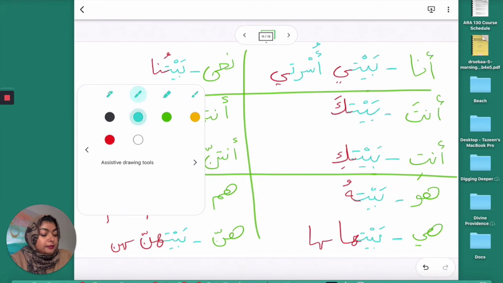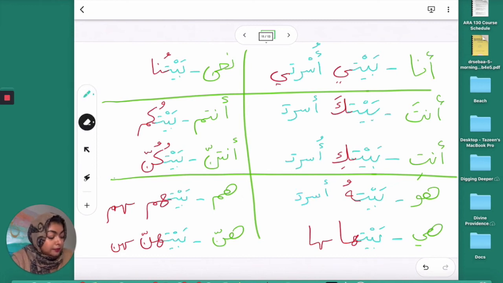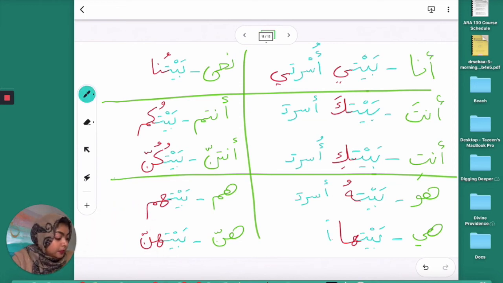So go ahead and complete all of these for usra. I'm just going to write usra on all of them so I don't have to change the color of my marker. While I'm doing this, you can go ahead and fill it in.